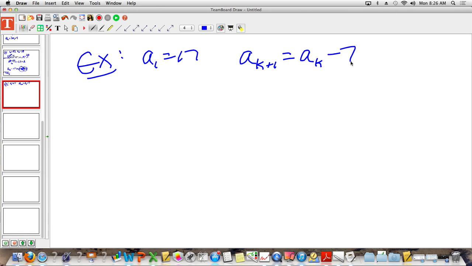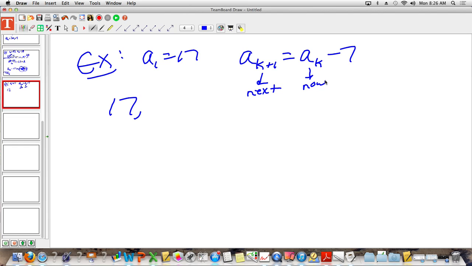So the very first term is 17. So the first 5 terms are going to be 17, comma. How do I find my next term? Subtract 7. This a sub k plus 1 is like finding your next term. A sub k is the term that you have right now.